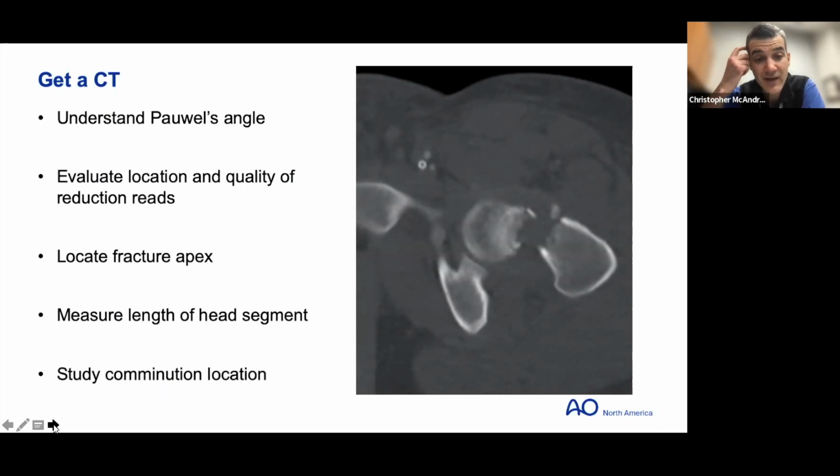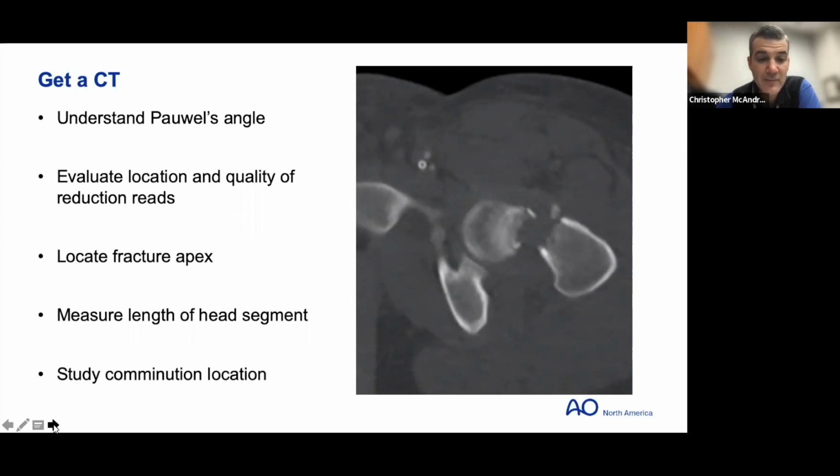I think it helps you a lot, even beyond your x-rays, to understand exactly how vertical these fractures are. Again, if you're going to open these, which you're going to do quite a bit, you want to know about the quality and the location of your reduction reads, and make a detailed plan about how to attack that.